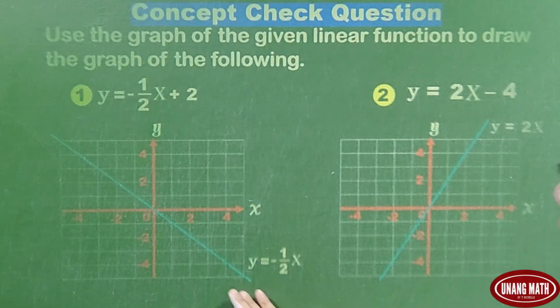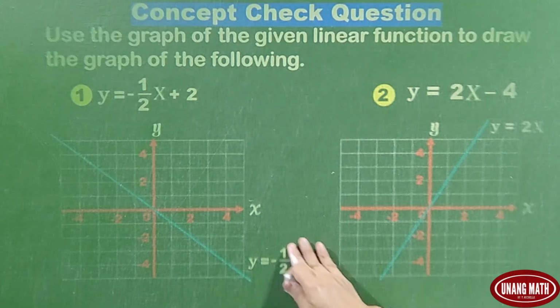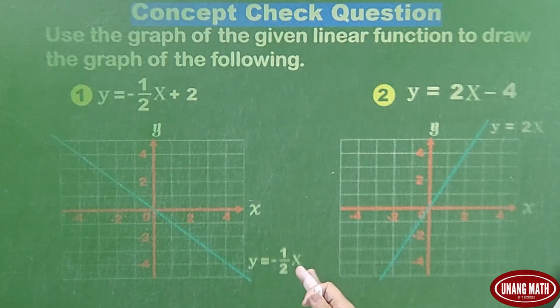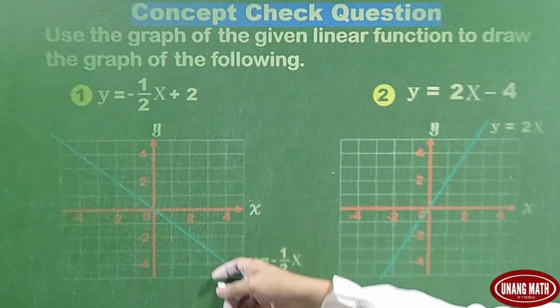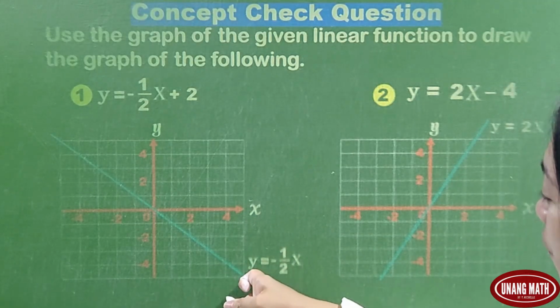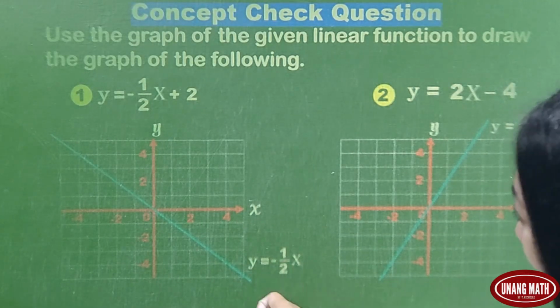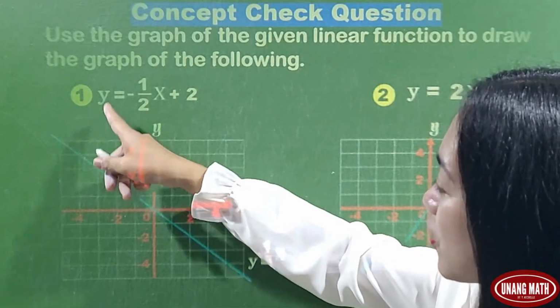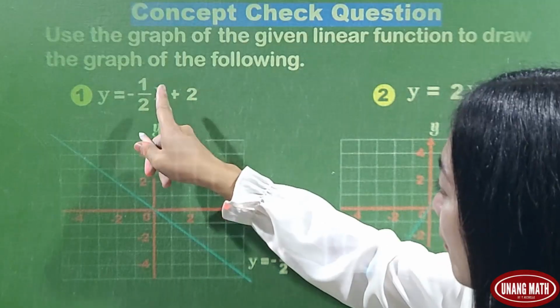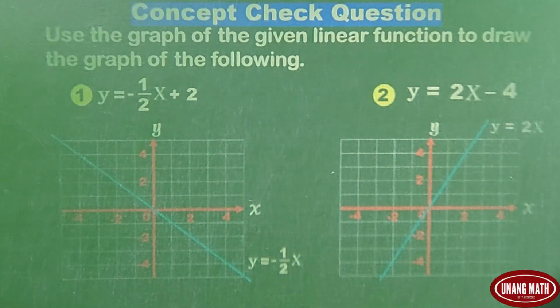So in number 1, we will be using the graph of y is equal to -1/2 x. Remember, this is our direct proportion equation, and this is also a function. So let's use the graph of y is equal to -1/2 x to draw the graph of this function y is equal to -1/2 x plus 2.